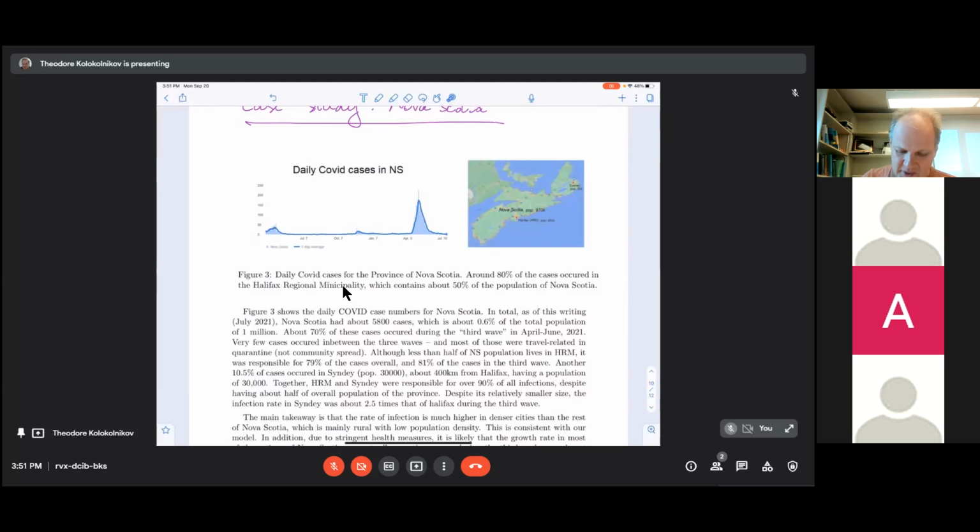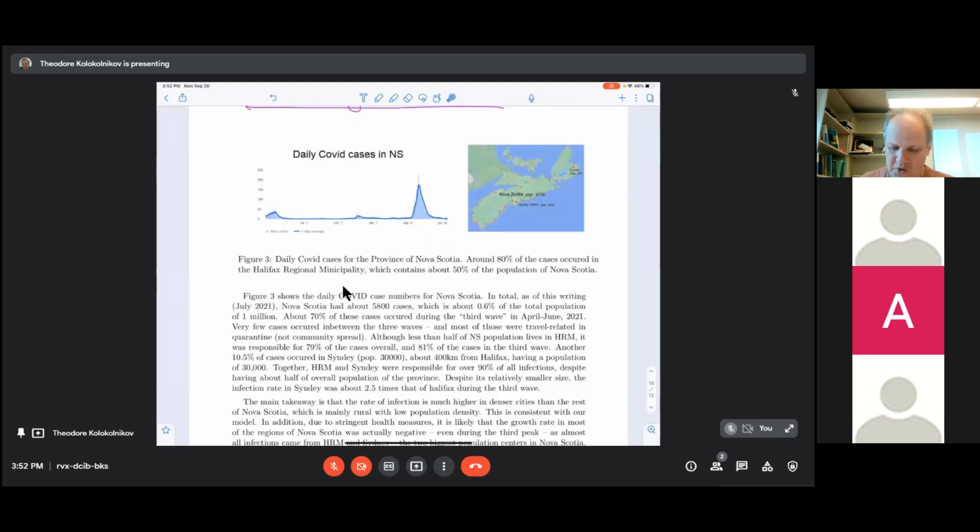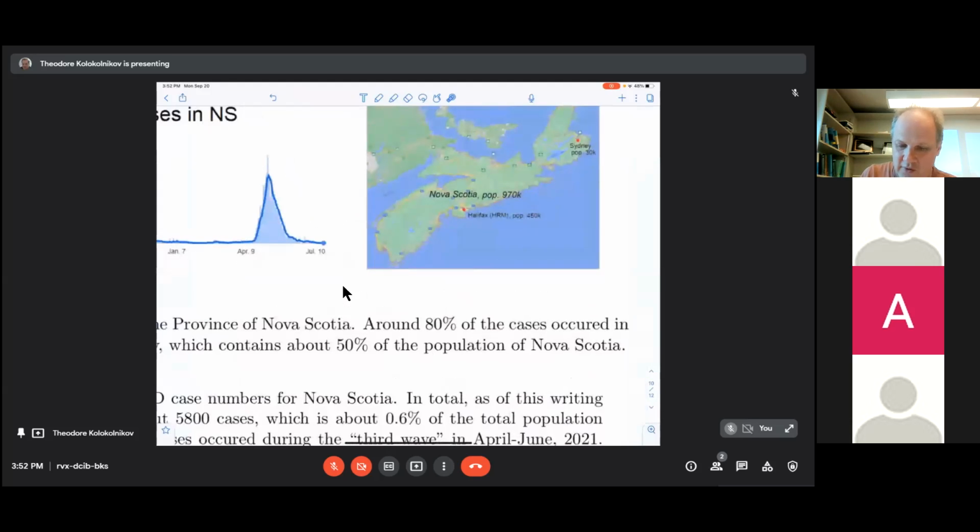In particular, this last spike, if you actually look at the data, almost all of the cases were centered around two centers, around Halifax, of course, and around Sydney. Sydney has 30,000 people. Halifax has about 500,000 in the surrounding area, HRM, and that's half of the province right there.